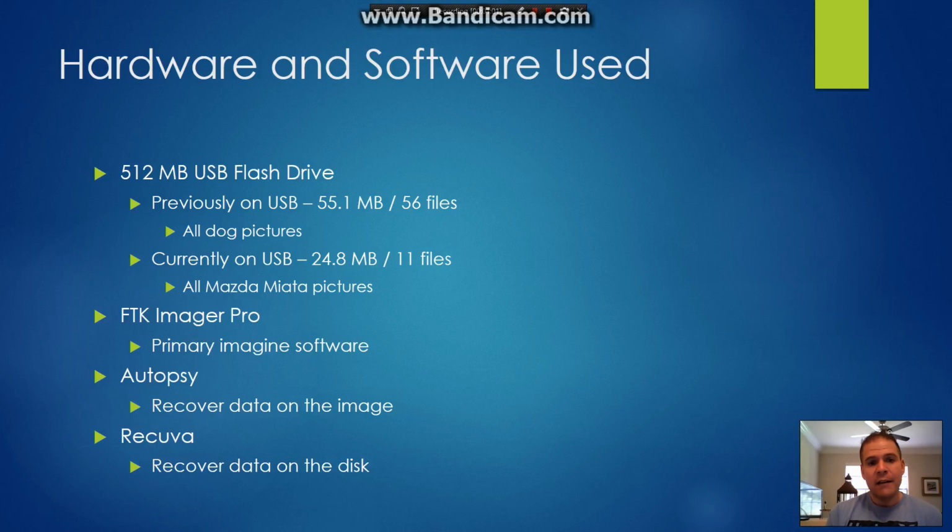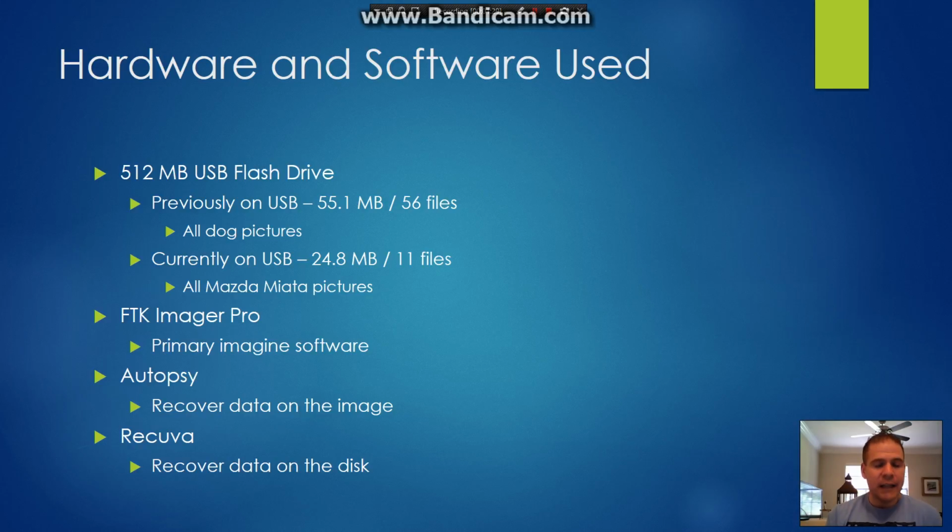I then deleted, obviously not forensically sound, all 56 files, threw them in the recycling bin, and then I put on 11 pictures of Mazda Miatas, one of my favorite convertibles, and this occupied 24.8 megabytes.